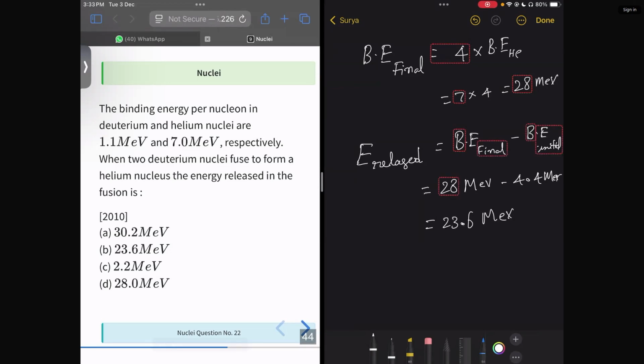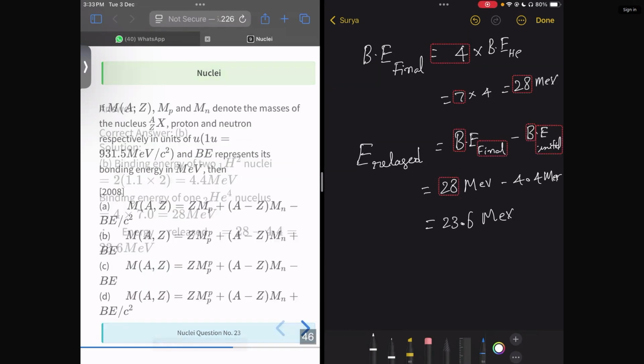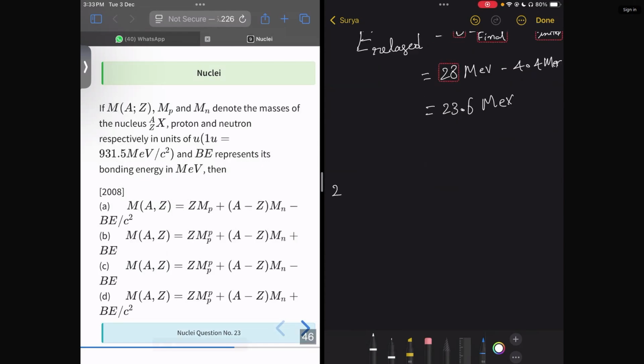So next question. If M(A, Z), Mp and Mn denote the masses of the nucleus, proton and neutron respectively in units of u, where 1 u is equal to 931.5 million electron volts per c squared, this is the energy. What is the BE? BE represents the binding energy in million electron volts.